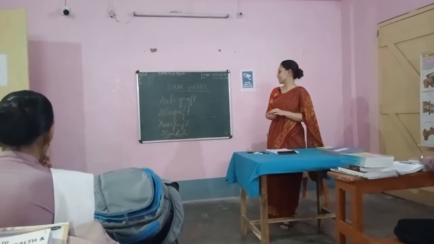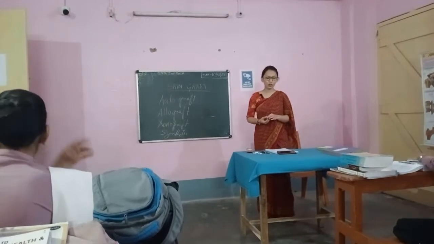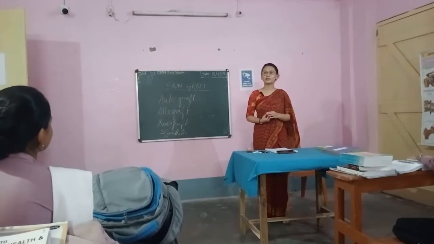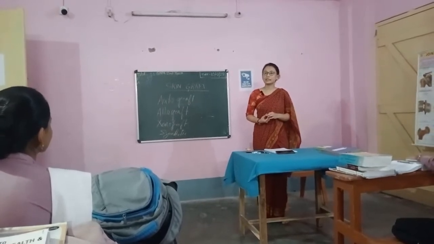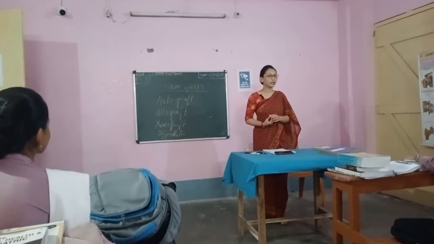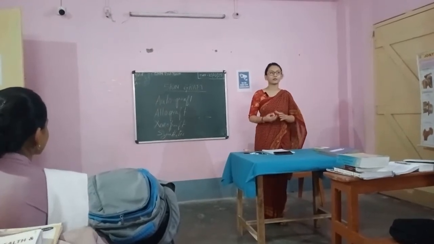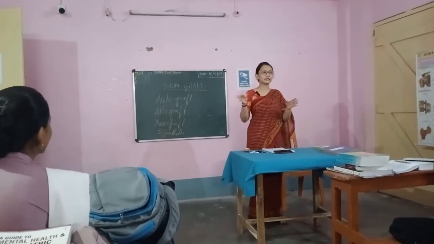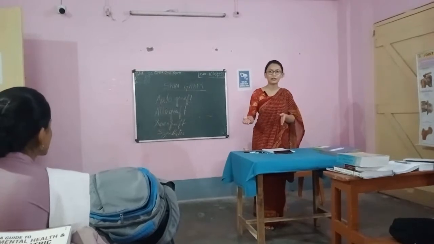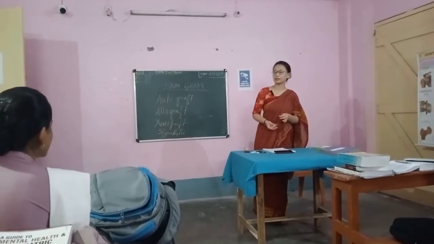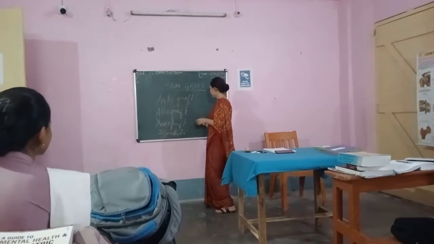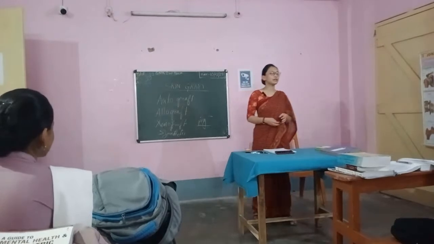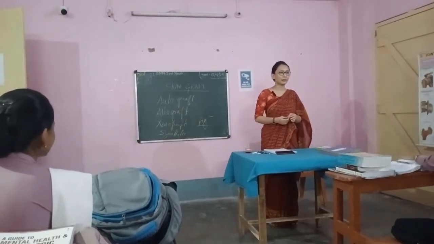And third is xenograft, also known as heterograft. The skin is taken from another species, not from man. The second one was from man to man, and the third, xenograft, is from another species, for example the pig.